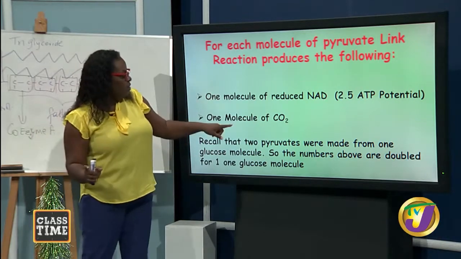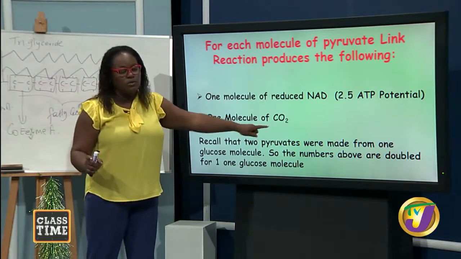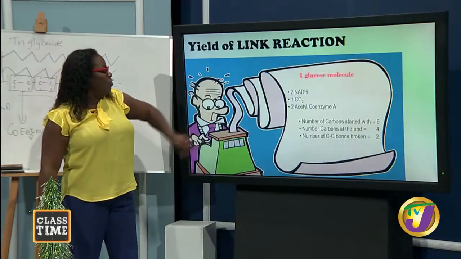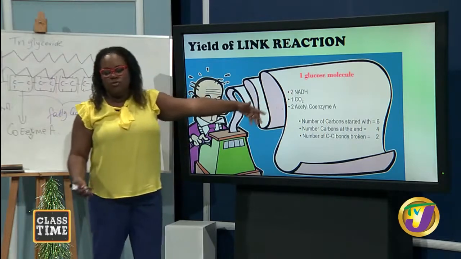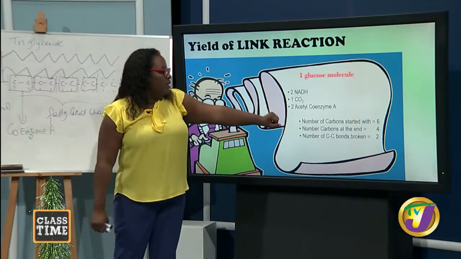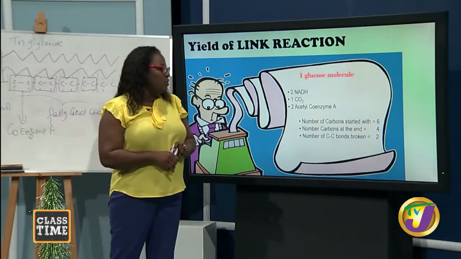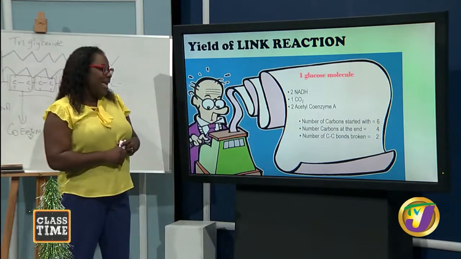So each pyruvate is producing 1 NAD and 1 CO2. It means at the end of it all, the glucose molecule would have produced 2 reduced NAD, 2 CO2 molecules and obviously 2 acetyl coenzyme A.